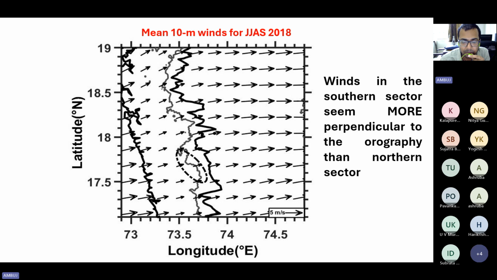So here, when we looked into the wind direction, we find that in the northern sector of the radar, where low rainfall regions are located, the winds are aligned along the orography, if you see closely, while in the southern sector over RMZ and other locations where heavy rainfall accumulation was there, the winds are more perpendicular to the orography. So more perpendicular winds imply that there will be a higher degree of forced ascent, which may lead to heavy accumulation of rainfall.